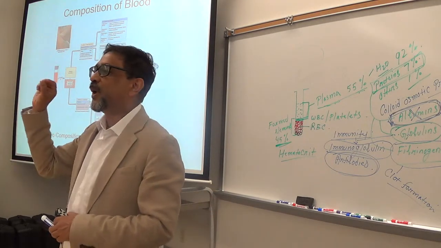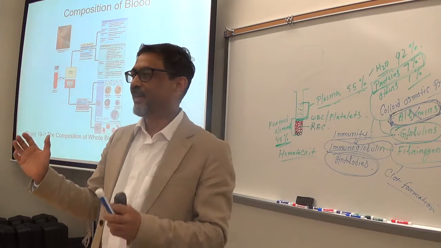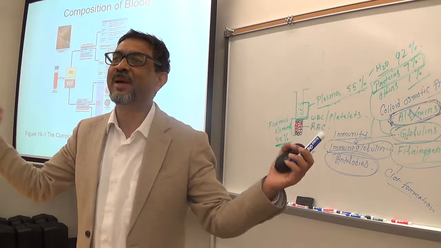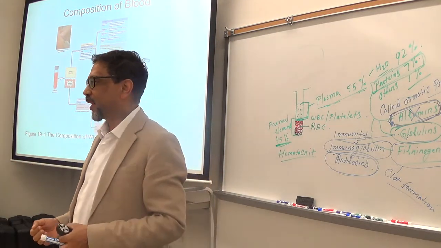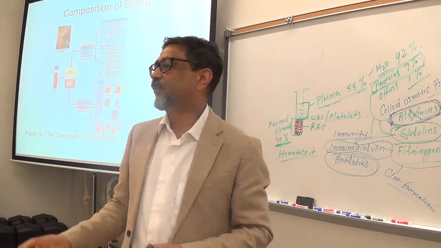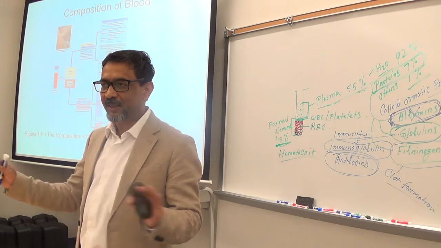And white blood cells are mainly responsible for immunity. They can engulf the virus or bacteria or microorganisms, and destroy them. And platelets are mainly responsible for what? Clot formation. Is it clear?